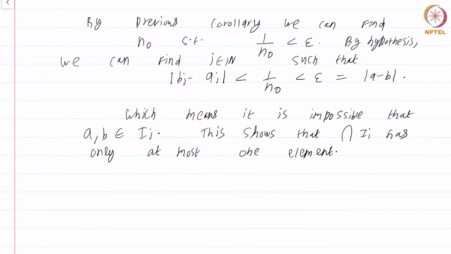So this shows that when you have nested shrinking intervals, the intersection is precisely one element. Let me end this module by summarizing what it is that we have achieved. Our original objective was to find an appropriate ordered field that contains the rational numbers yet has no holes.